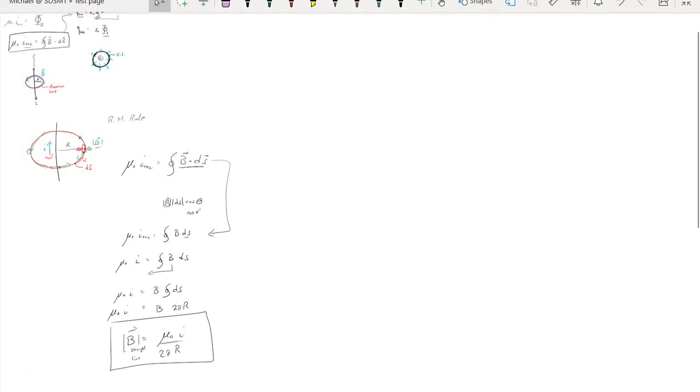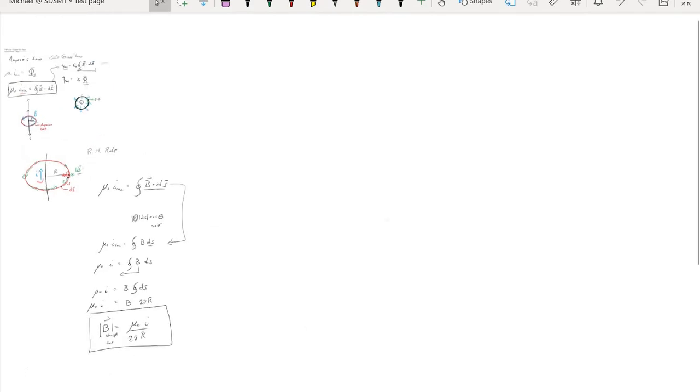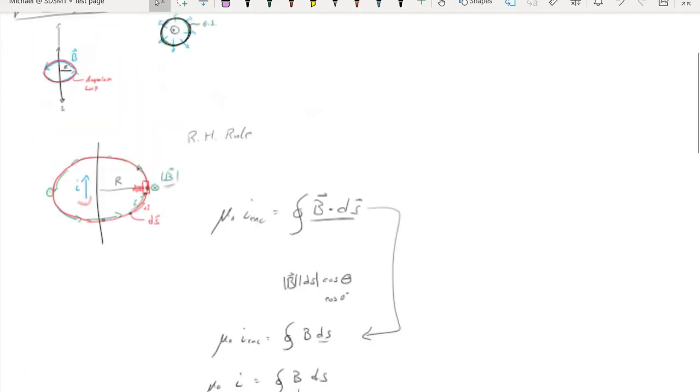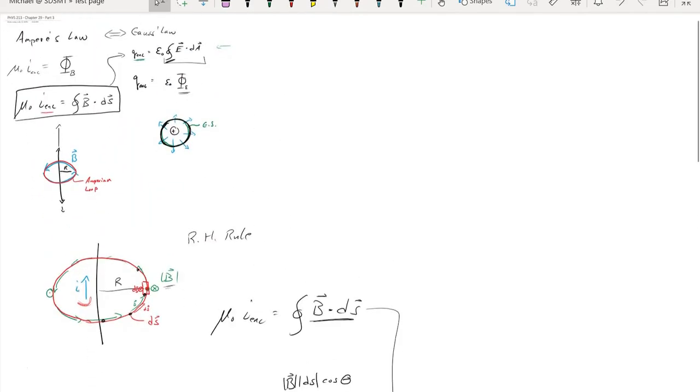So why not use it? Well, just like Gauss's law, there are going to be some instances where Ampere's law may not work as well due to a lack of symmetry in the system.